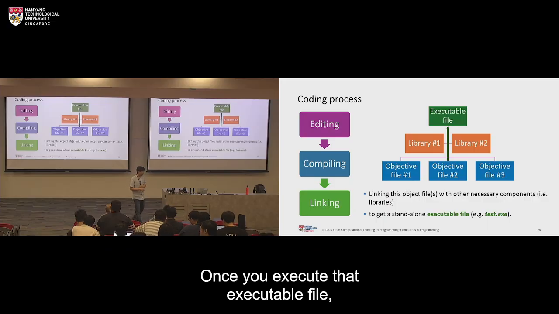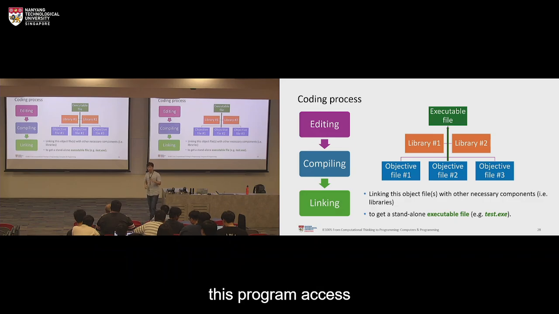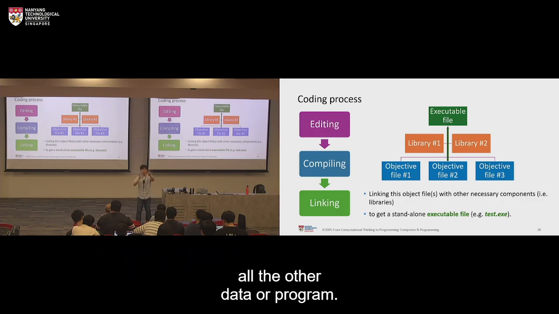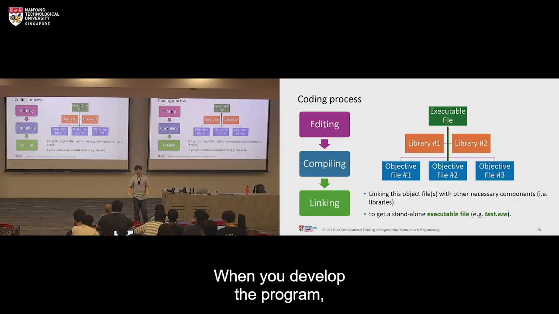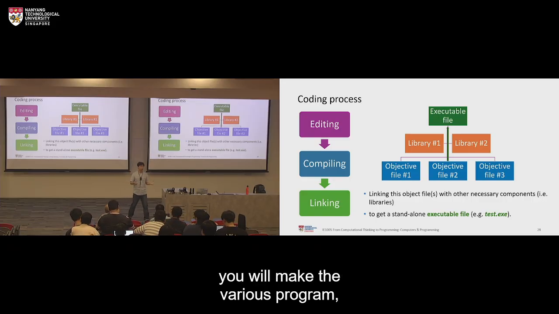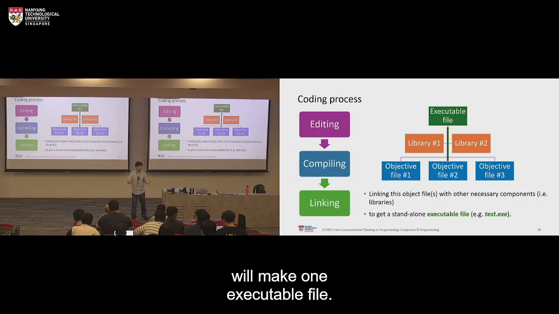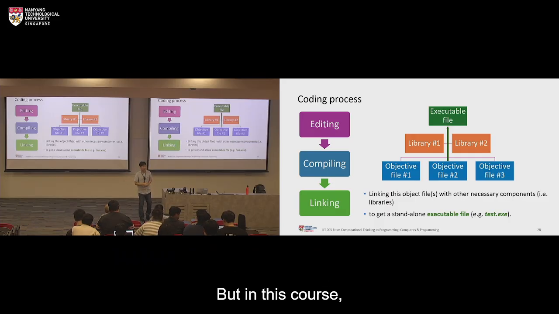Once you execute that executable file, this program accesses all the other data or programs. They are linked to each other. So when you develop a program, you will make various programs, and in the end, you will make one executable file. This is the linking process.